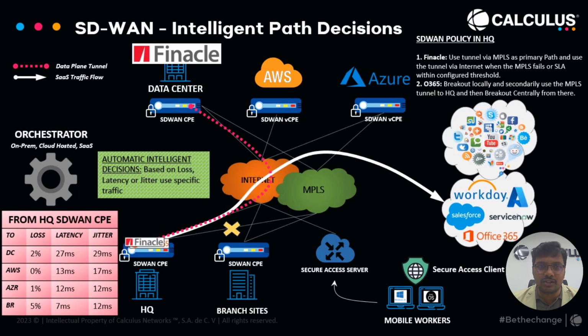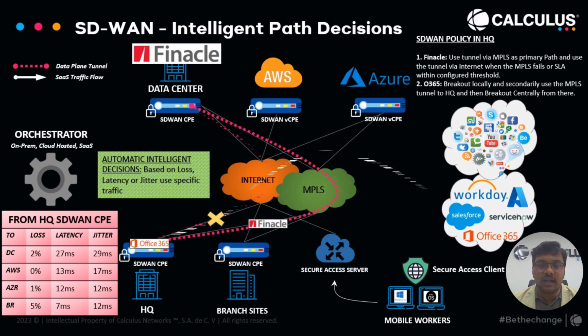So we just took it as an example here. Now, when the MPLS link comes back up or becomes compliant, the same will move back to the MPLS path. But no, once you configure this policy, there is no manual intervention needed at all, right? When the issue arises, everything is automated, and when the issue resolves, it falls back automatically as well.